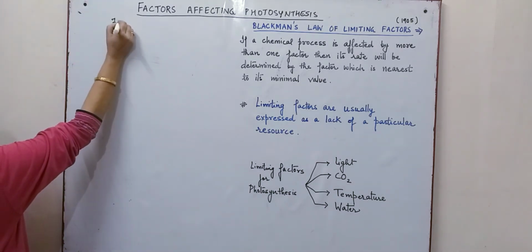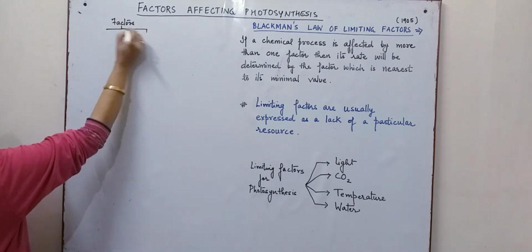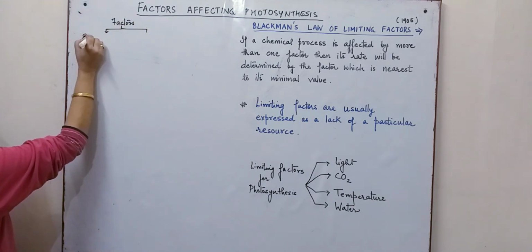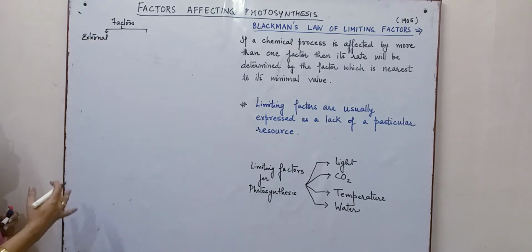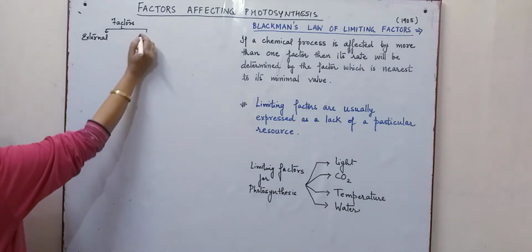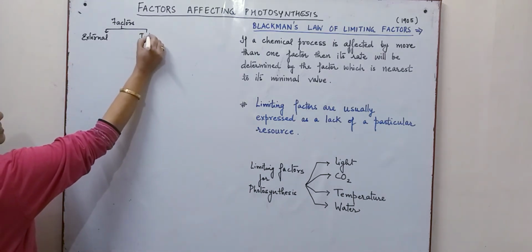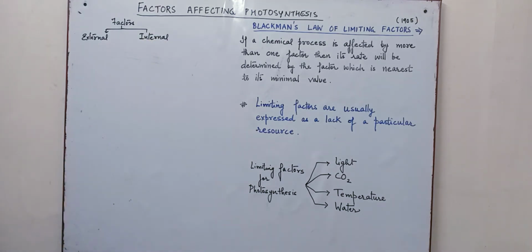Now, these factors which affect photosynthesis have been classified as external factors, that is, the factors that are outside or extrinsic to the plant, and internal factors which cause a change in the rate of photosynthesis.